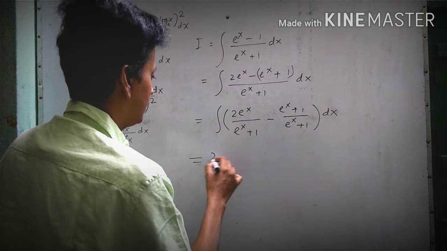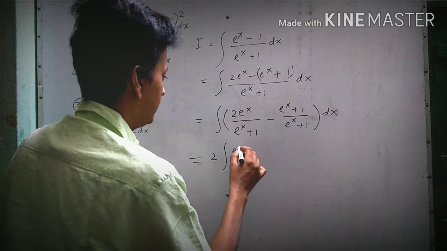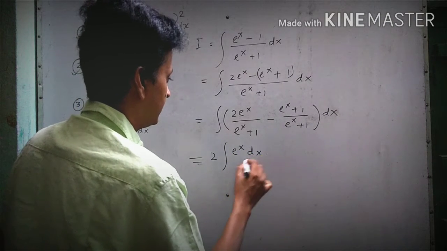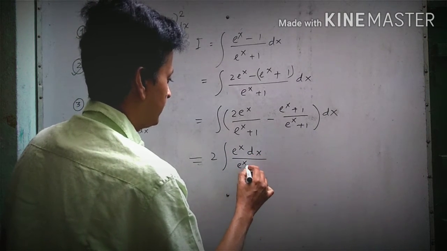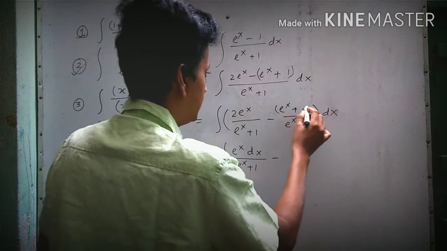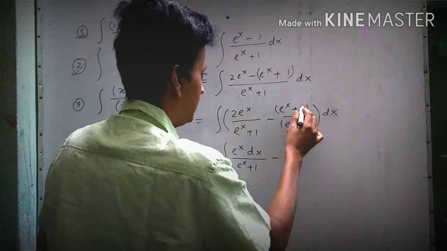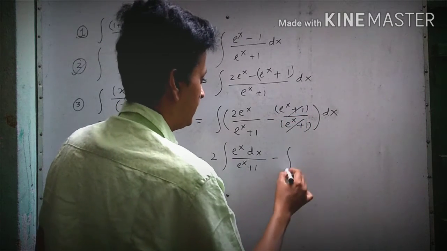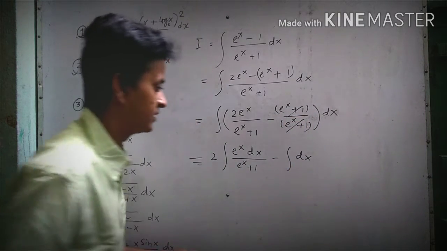That is 2 into integration of e to the power x dx by (e to the power x plus 1) minus integration of dx.